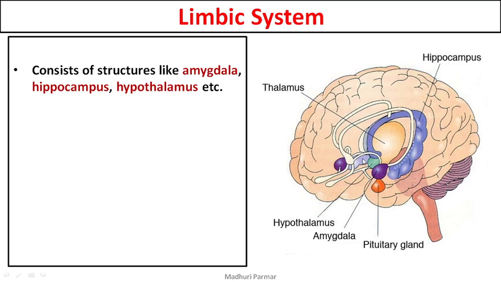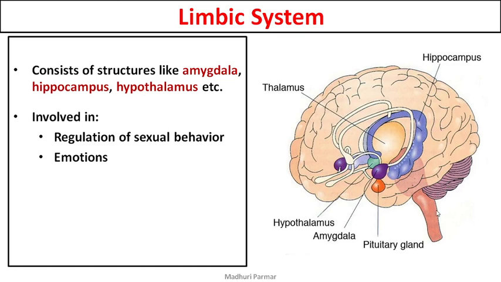Now let us understand what basically this limbic system does. It is involved in regulation of sexual behavior, especially in animals when you see. So the sexual behavior in animals as well as in humans is controlled by your limbic system. Then you have emotions. Emotions I will explain. Let us say fear.